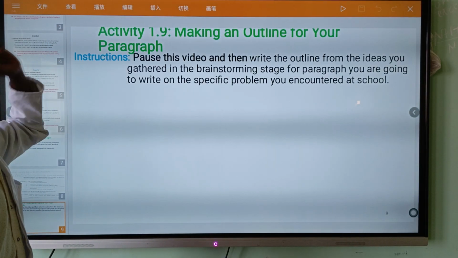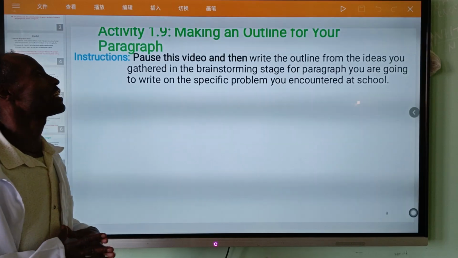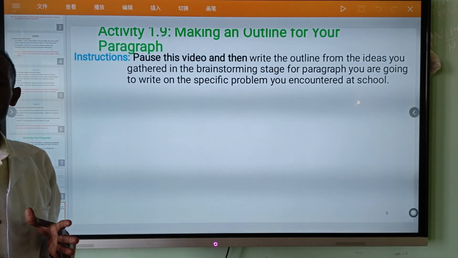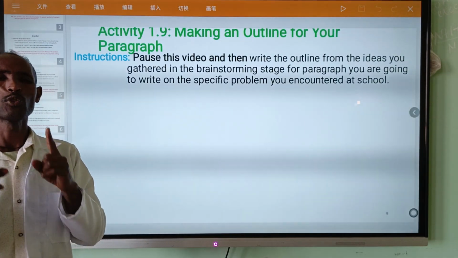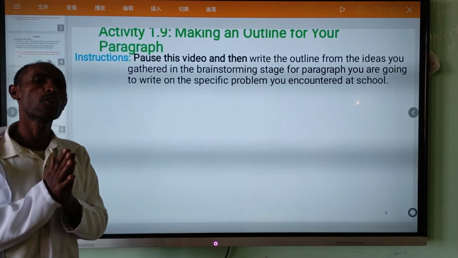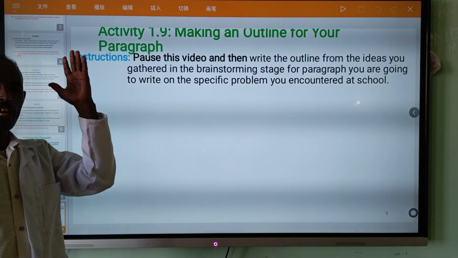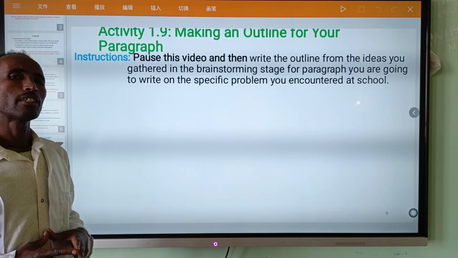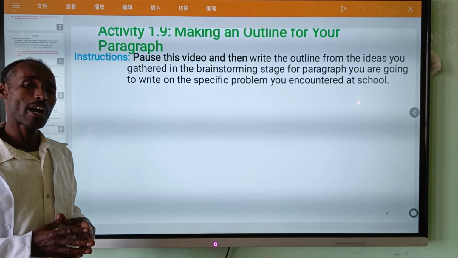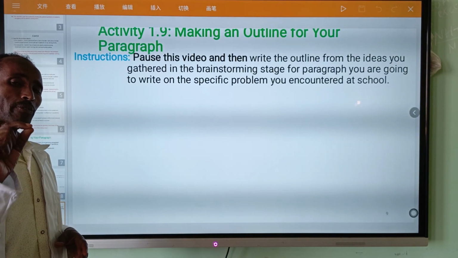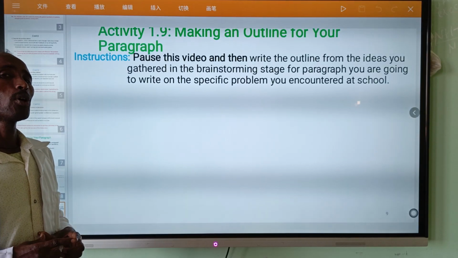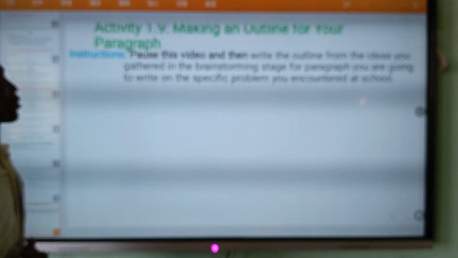Here is Activity 19, making an outline for your paragraph. You reach now a critical time in which you are going to outline the general organization of the paragraph you are going to write. In the brainstorming and warming up activity, you have already specified the topic you are going to write on.